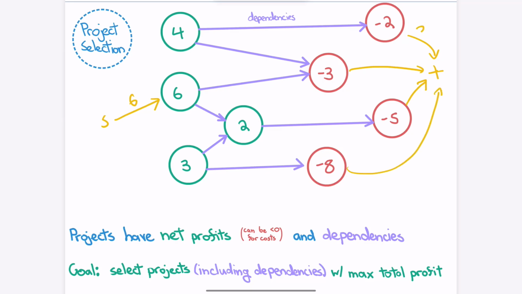Yeah, so we're going to interpret the negative edges like this, okay? And then the positive projects are going to have edges from the source. So, all right, what's going on?